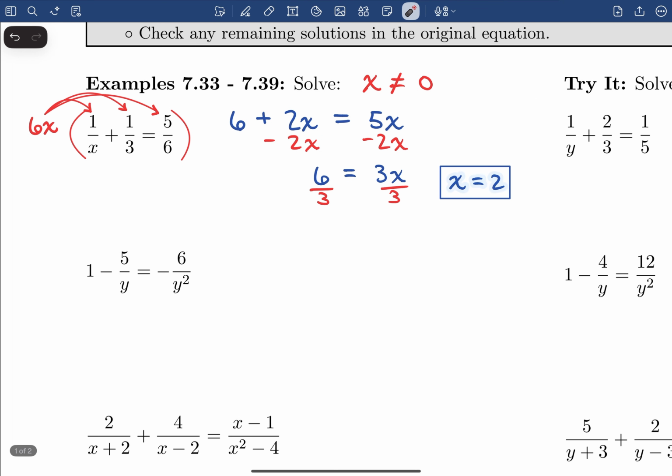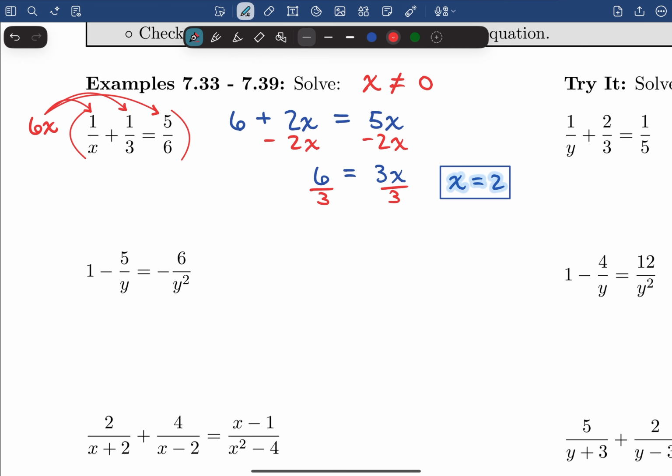So next example. I see 1 minus 5 over y equals negative 6 over y squared. And so first thing to do is take note of any values that would cause the denominator to equal 0.